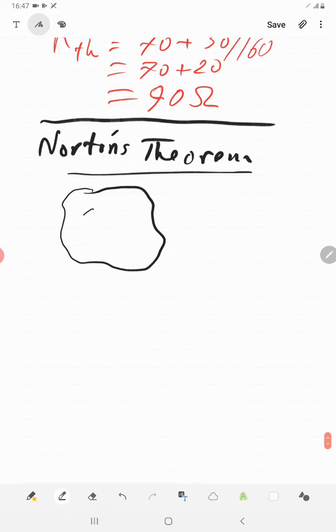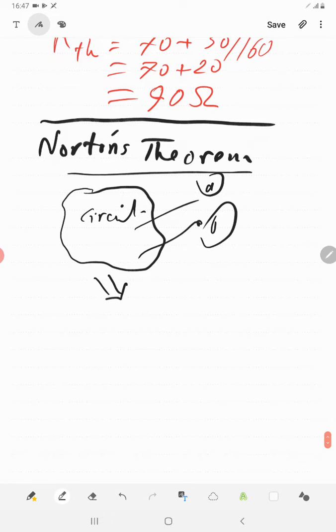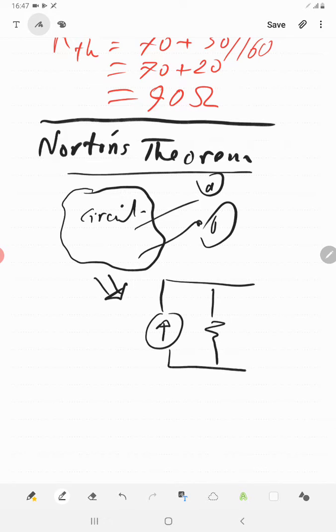So we have a circuit here, and you assume that we have two nodes here, A and B. Now we can convert this to a current source in parallel with a resistance, and this is A and B. We call this Rn, we call this In.